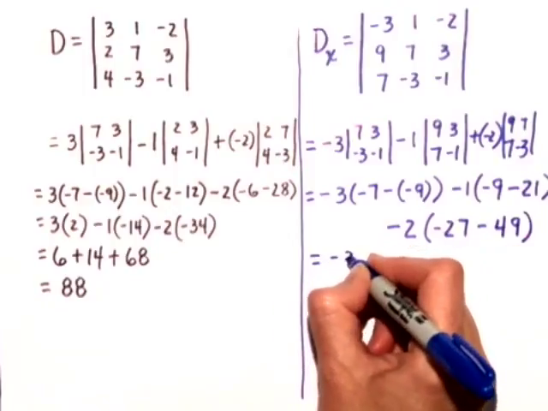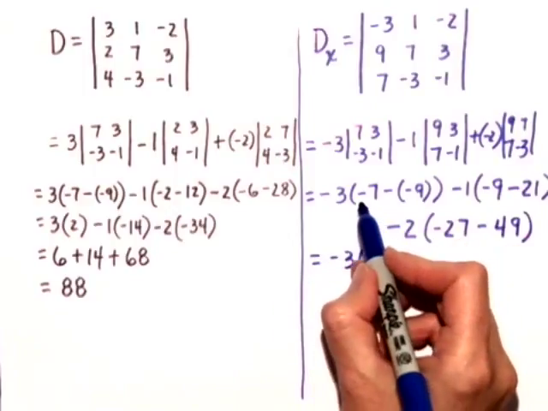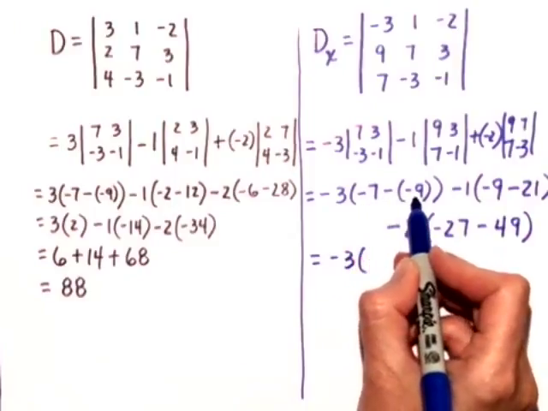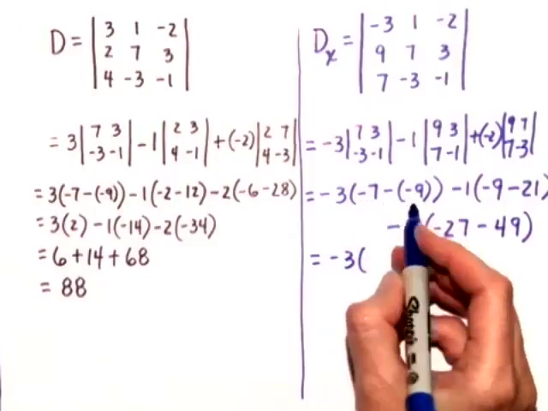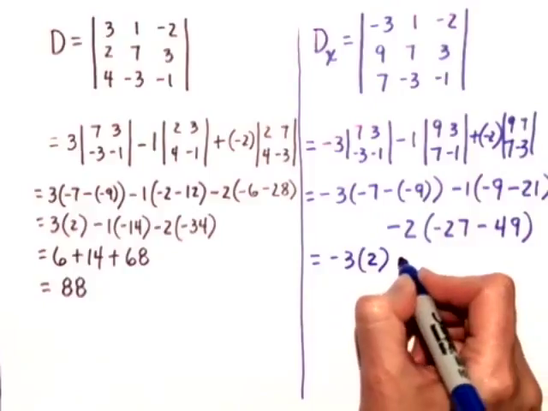So we have negative 3 times negative 7 minus negative 9 is just negative 7 plus 9, or 2.